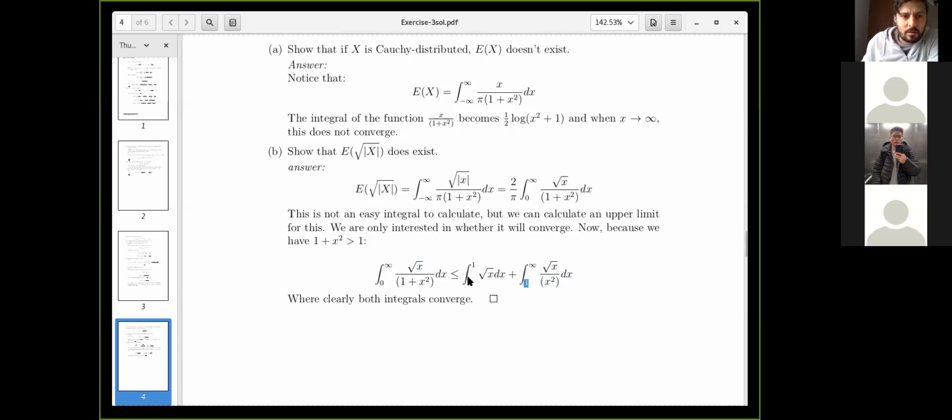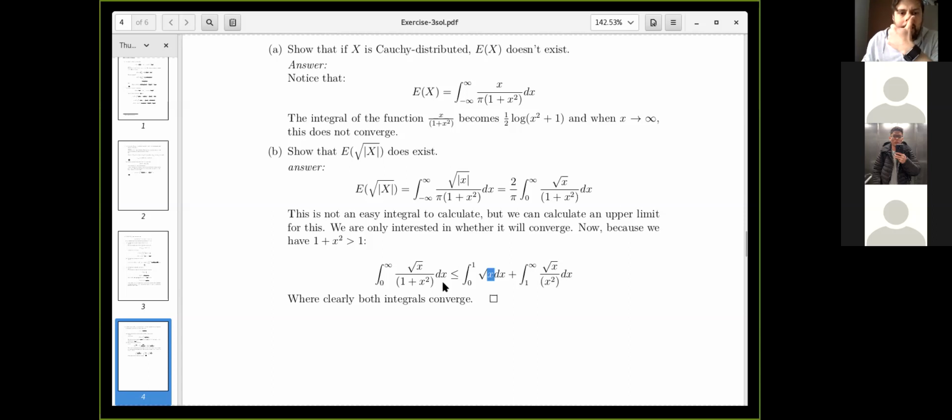Because 1 plus x squared is a divisor, we're dividing by something greater than 1. So between 0 and 1, we can make this bigger by omitting this x squared, because we're dividing by a slightly smaller number than before. So we have this square root of x then.